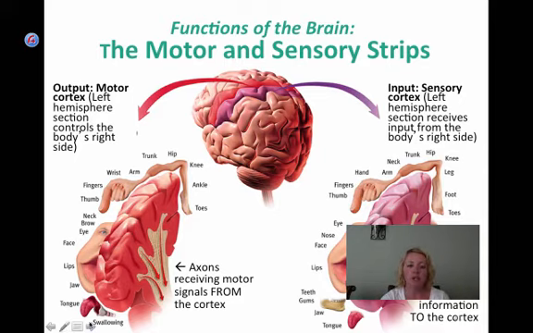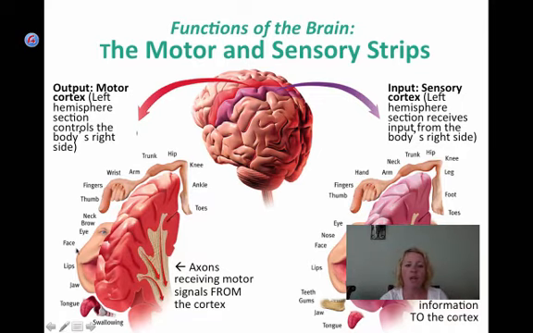If we look at these pictures, you can see that, for instance, your hips and knees and ankles and toes are all located at the top inner side of your sensory and motor strips, whereas your face, tongue, those kinds of things are located more along the side of your head over here. The left has one side and the right has one side. So these continue, so your right knee would be about here maybe, and your left knee would be about here maybe. And the same goes with sensory.